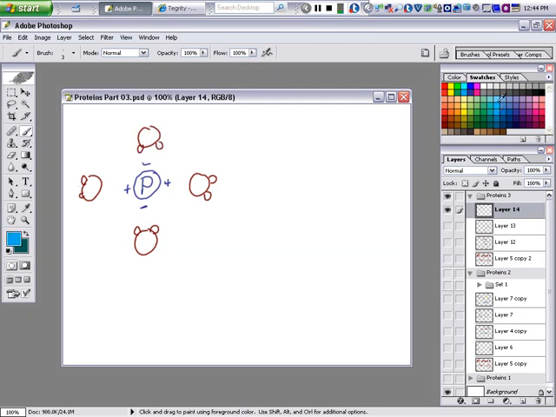And so what's going to happen, the partial negative on water is going to solvate the positive charges on the proteins, and the hydrogens on the water, which is the partial positive, is going to solvate the negative charges on the protein. Okay. Does that make sense to everyone?